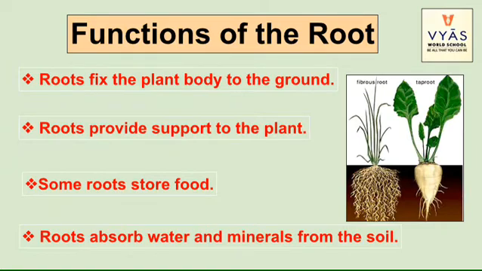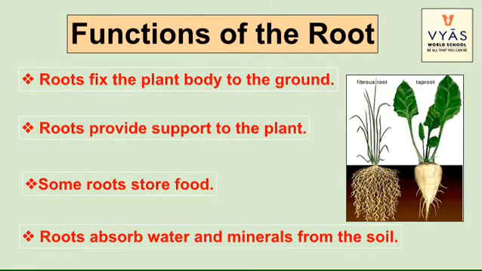The second function of root is that roots provide support to the plant. The third function of the root is that some roots store food. Some roots like carrot, beetroot, radish and turnip store food and they can be eaten, and we can even eat them raw.